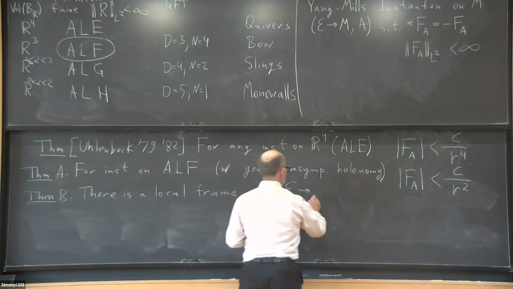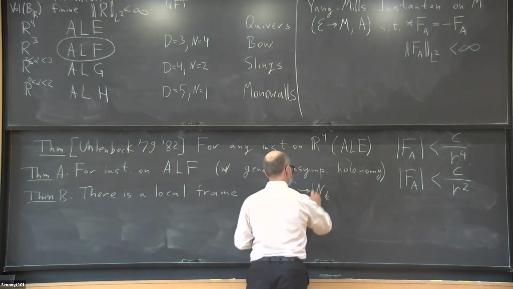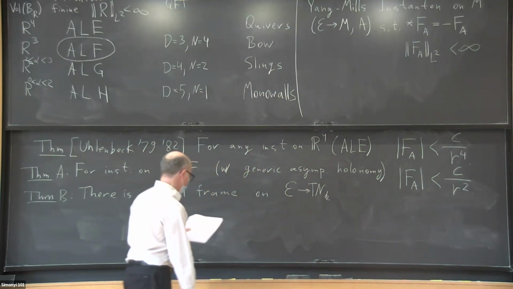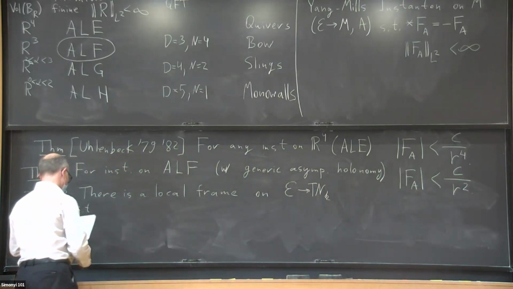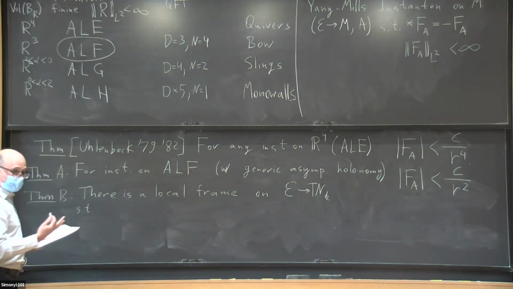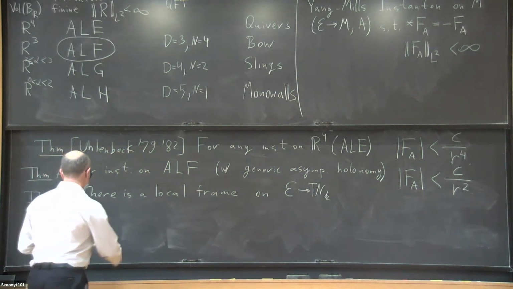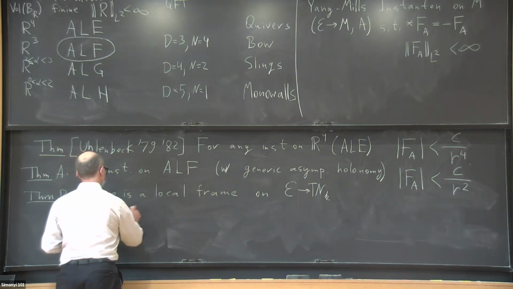Now, instanton bundles, such that we can write a fairly explicit asymptotic form of this instanton connection.